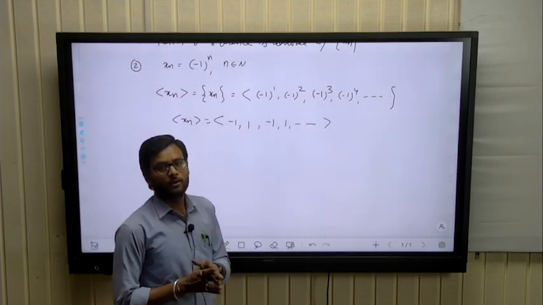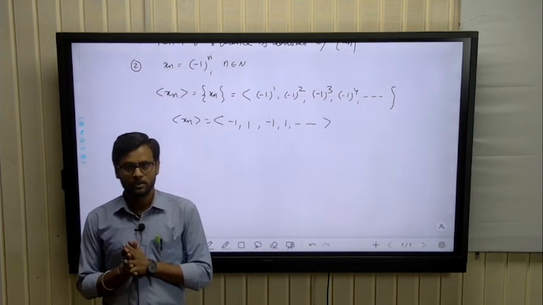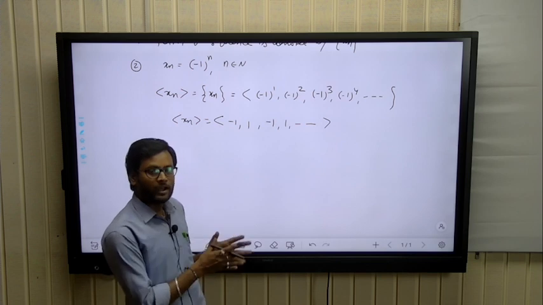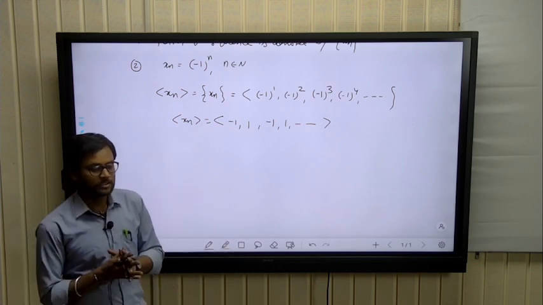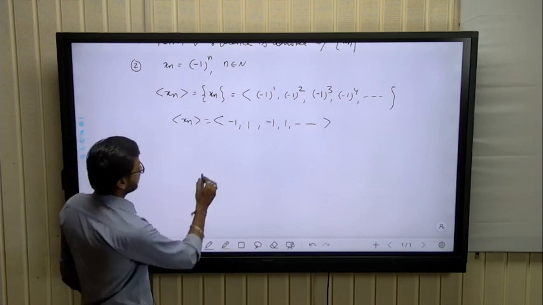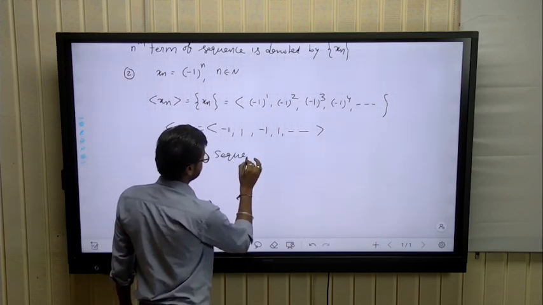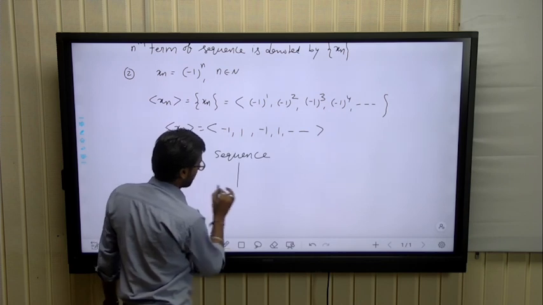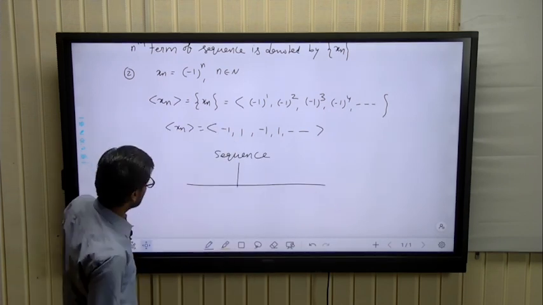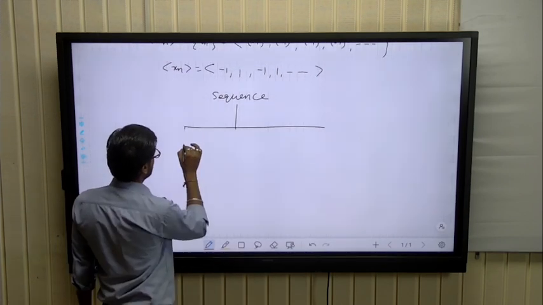Now we talk about the types of sequence. Here we write down the types of a sequence. Basically, a sequence has 3 types.